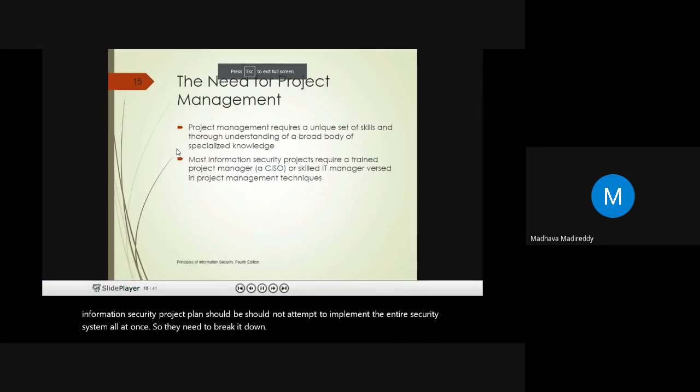The need for project management. What is the need for project management? Project management requires a specific set of skills and an absolutely thorough understanding of a broad body of specified knowledge. Without that, project management will always fail.